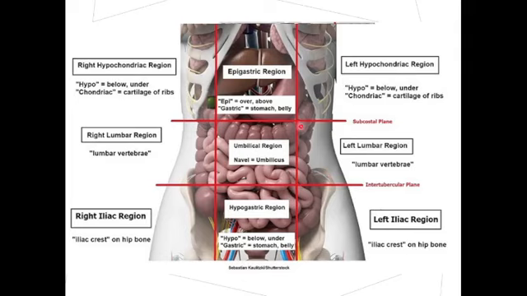This is the center, where the belly button is. The belly button came from the umbilical cord. Next is the hypogastric region. Hypo means the same as in hypochondriac, below, and gastric means stomach. Hypogastric means below the belly, below the stomach.